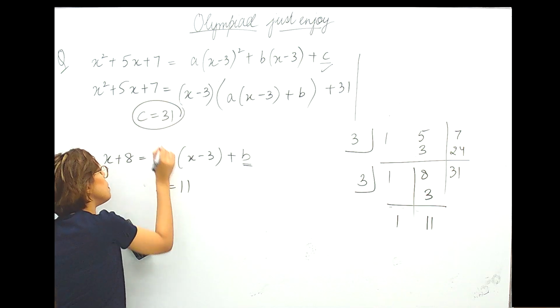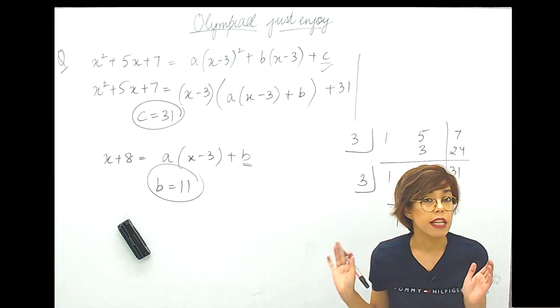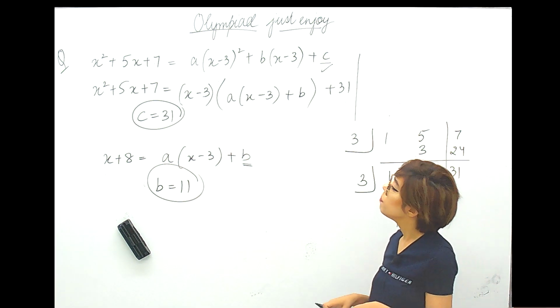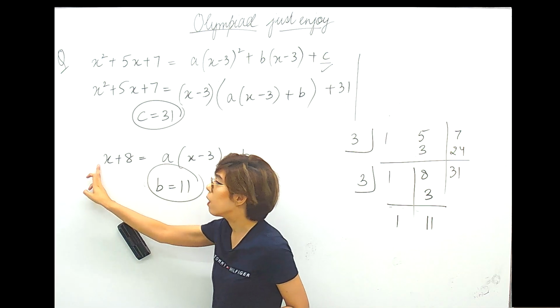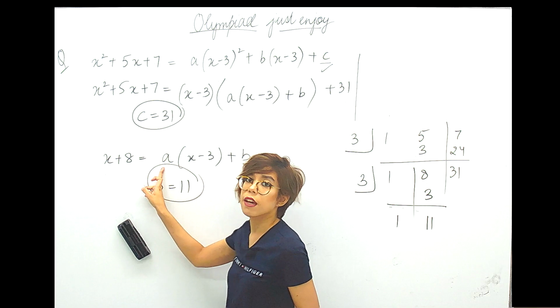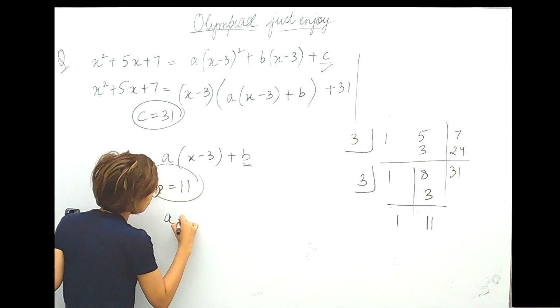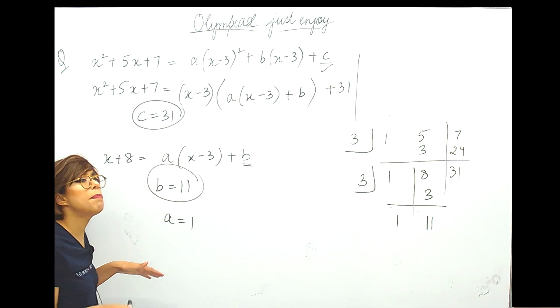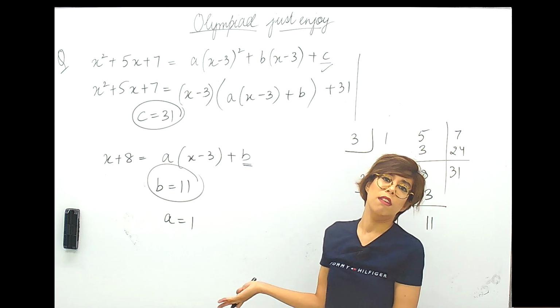The value of c has come, the value of b has come. In fact, we can see the value of a. Why? What will a definitely be? What is the coefficient of x here? 1. What is the coefficient of x here? a. So that means a will definitely be 1. In the last step you can abuse it. It's fine because it is visible.